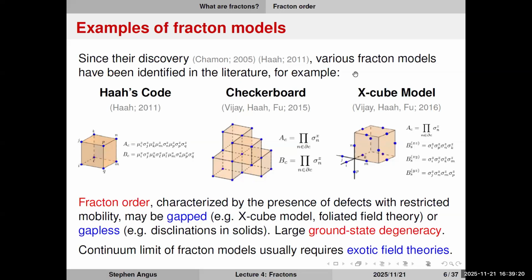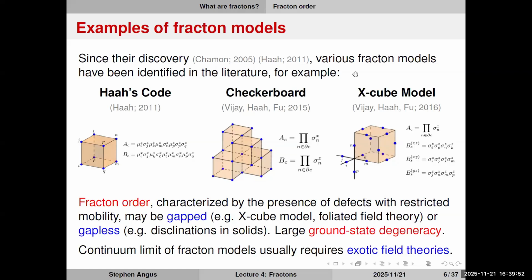And these have A sites and B sites on some lattice, and you have some combination of spin operators, these are Pauli sigma matrices, on these different sites. And the same with these two cases. So you can actually get fractons arising from very simple situations.